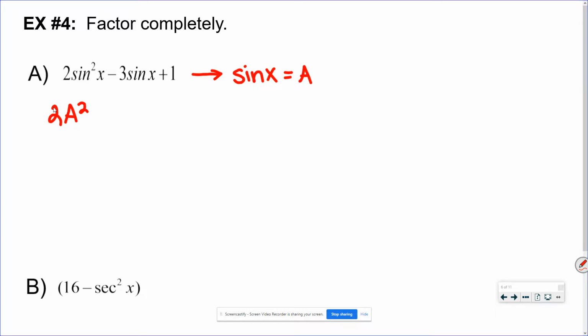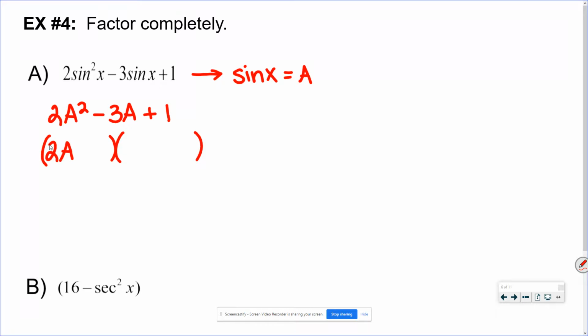So that's going to make this 2a squared minus 3a plus 1. Okay, all we're doing right now, and this is not required, is making something that looks very complicated turn back into something we are probably more comfortable with, something we've recognized from things we've done before. So this is just a quick little trick, okay? So if you feel like this is too confusing, let's change all the sines to a's, and let's factor the trinomial that we have, okay?